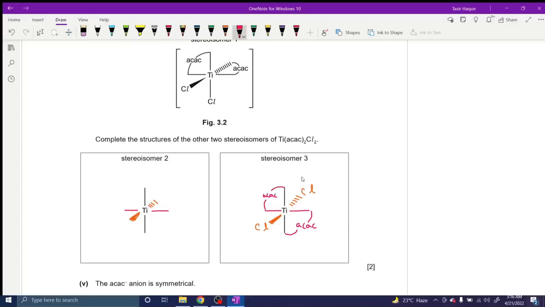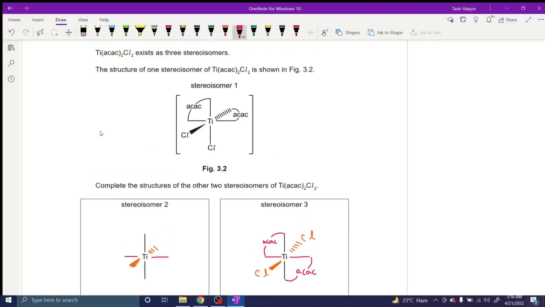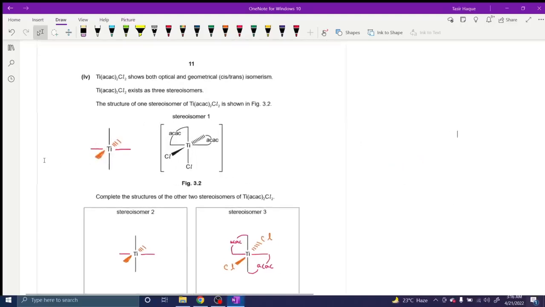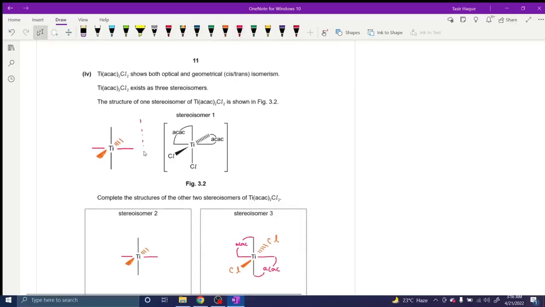That's all. Now for the other isomer, it has to be a mirror image of this. Okay, think about it. This one over here, I'm going to show you a figure. Check this. It has to be a mirror image of this, right? So how do I draw a mirror image?